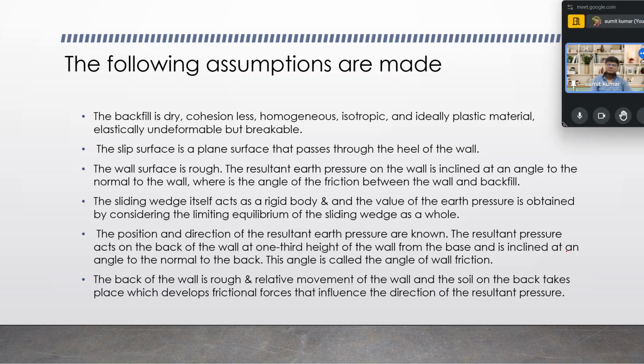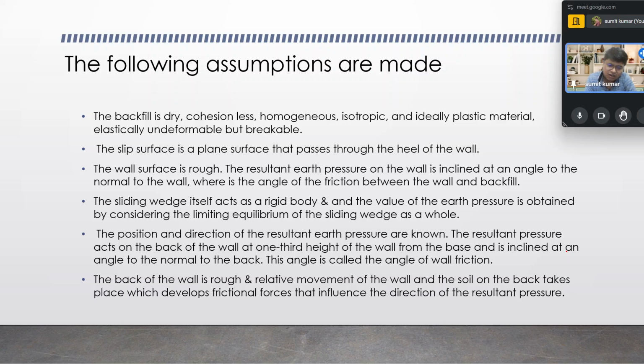The sliding wedge itself acts as a rigid body, and the value of the earth pressure is obtained by considering the limit equilibrium of the sliding wedge as a whole. The position and direction of the resultant earth pressure are known. The resultant pressure acts on the back of the wall at one-third height of the wall from the base and is inclined at an angle δ to the normal to the back.